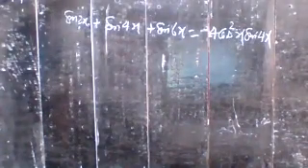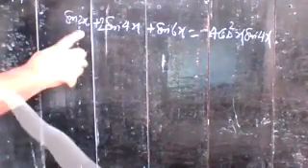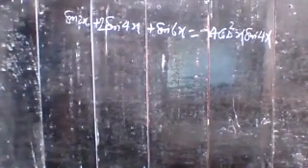You have to prove this result. Sine 2x plus 2 sine 4x, oh sorry, 2 sine 4x is there. Let me correct it: sine 2x plus 2 sine 4x plus sine 6x is equal to 4 cos square x into sine 4x.